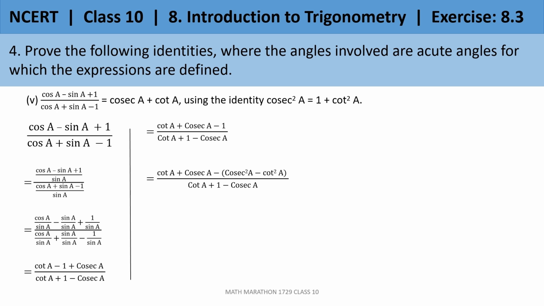We know that A square minus B square is equal to A plus B multiplied by A minus B. In numerator, cot A plus cosecant A is common.